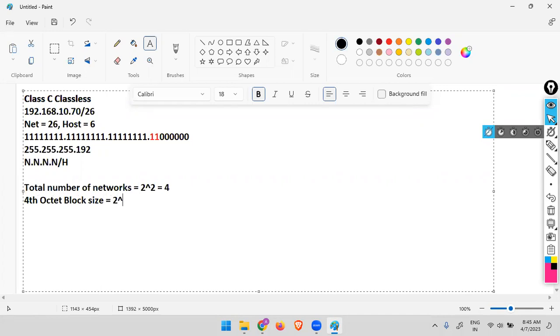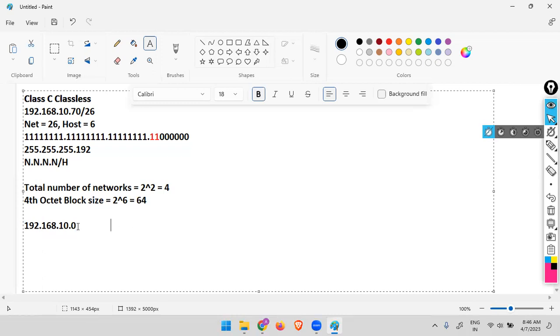So the 4th octet block size will be 2 raised to power 6. What will be the size? 64. If it is 64, that means for my first network, see, 3 octets I need to keep constant, 192.168.10. This part I need to keep constant. Start from minimum 0. This is my first network ID. I know 4 networks will be designed. So how do I calculate my second network ID?